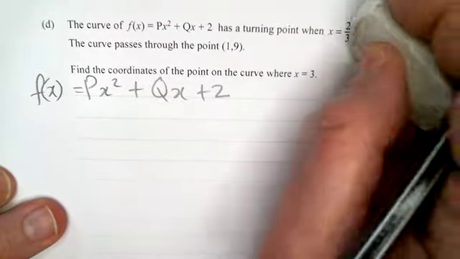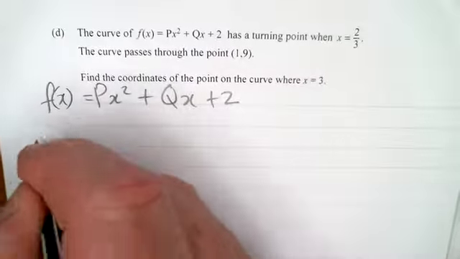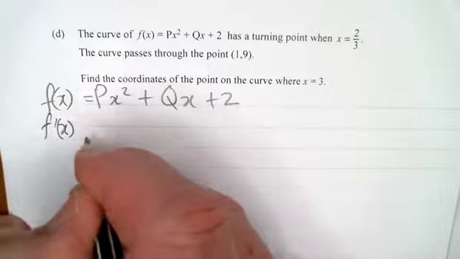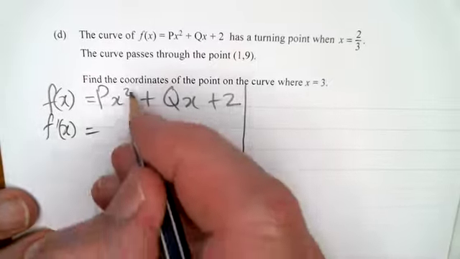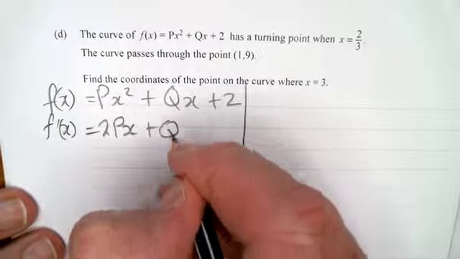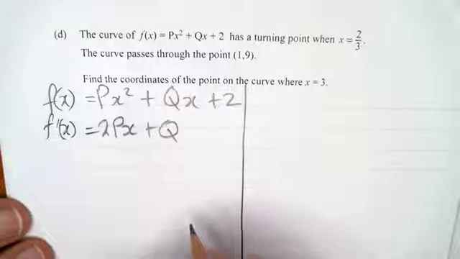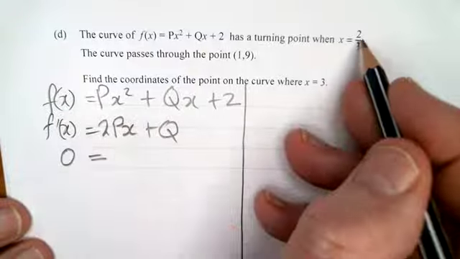So the derivative f dash of x is going to be 2px plus q. And this equals 0 when x is 2/3.